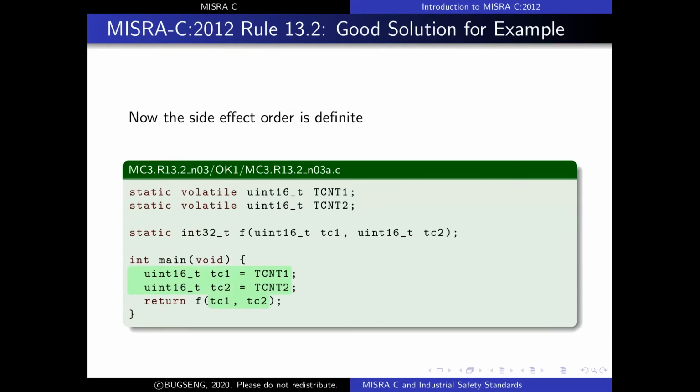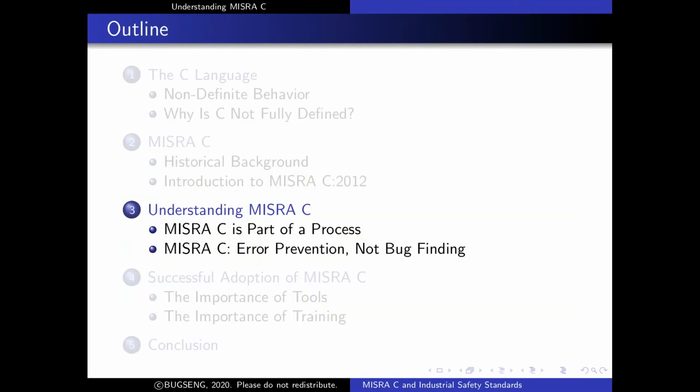In this case, the solution is simple. If you want to comply with the MISRA guideline, you introduce temporary variables and you sequentialize the events in the way you want. Any decent compiler will not make you pay a price for having introduced these 2 temporary variables. Okay, so let's move to the next section of the talk.